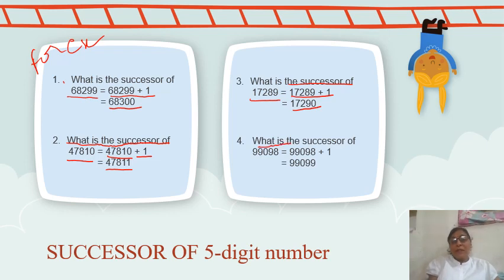Next, what is the successor of 99098? 99098 plus 1, 99099. Today we learned the successor of a 5-digit number.